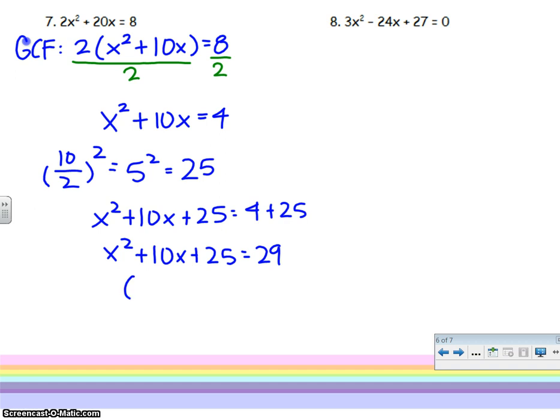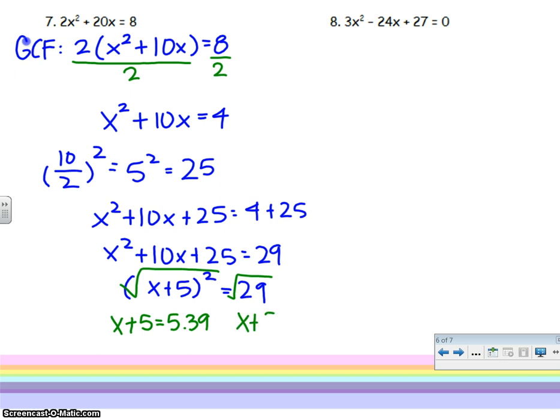So we complete the square, we factor it to be x plus 5 squared equals 29, and then we can take the square root of both sides, and then we'll have x plus 5 is equal to 5.39, or x plus 5 is equal to negative 5.39, giving us our two solutions of 0.39 and negative 10.39.